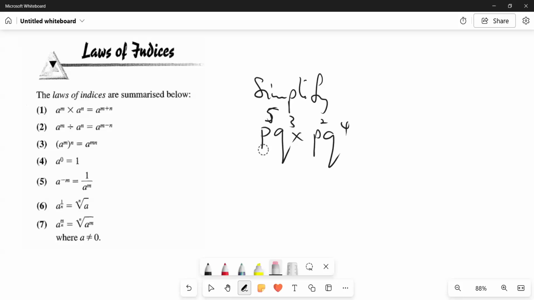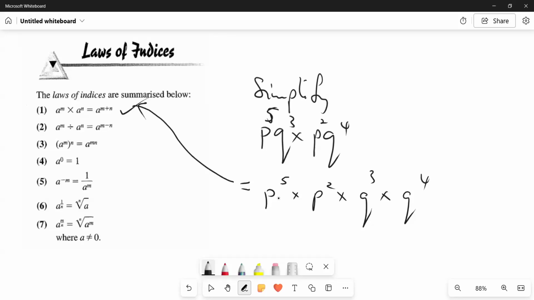Now that we have the laws, you don't have to write it out like that. It's equal to p to the fifth power multiplied by p to the second power multiplied by q to the third power multiplied by q to the fourth power. According to this law here, you add the indices of the ones with the common base. So you have p to the seventh power, and you add the powers on the q and get q to the seventh power.